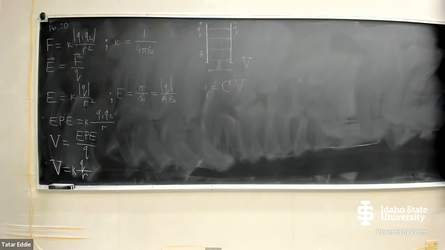Now, talking about capacitors, we need a formula that allows us to connect the electric field at a certain place with the voltage around that place. Those are two separate descriptions of electric phenomena.